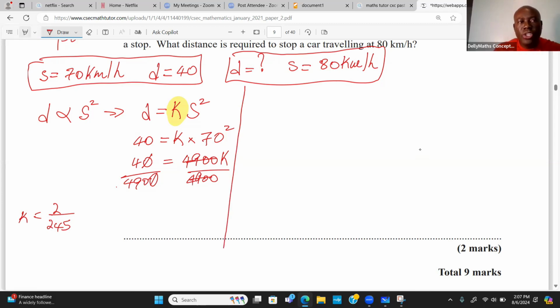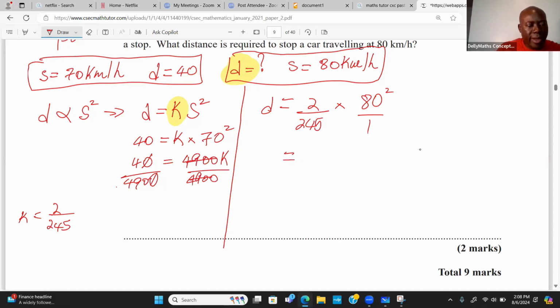Now we're going to use that same formula in an effort to find D. Take a look. D is equal to K, which is the constant of variation, 2 over 245. We're going to multiply that by the speed squared, and the speed is 80, so you're going to square it now. All we're going to do is put together our numbers.